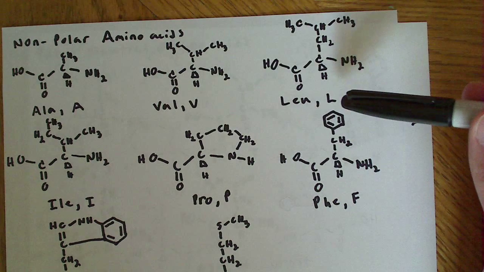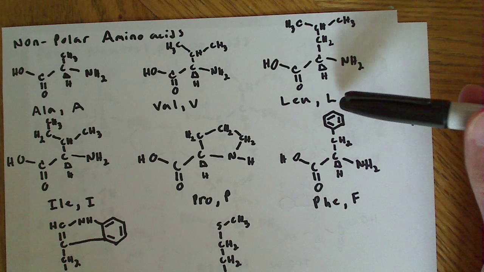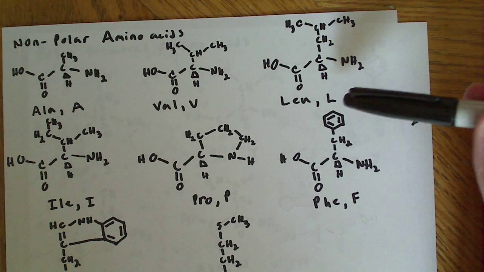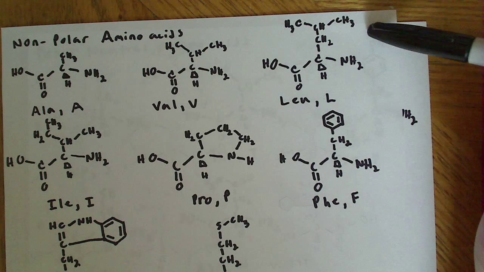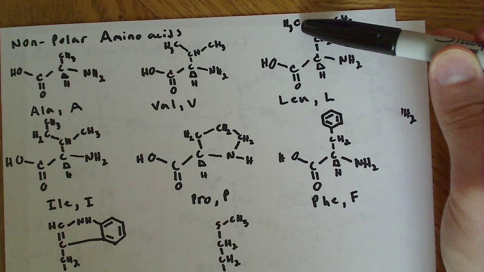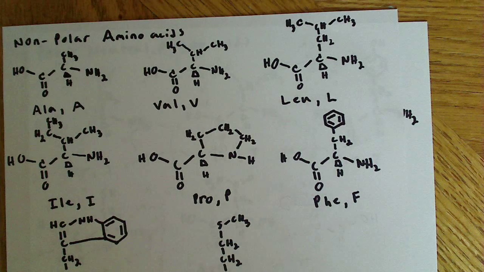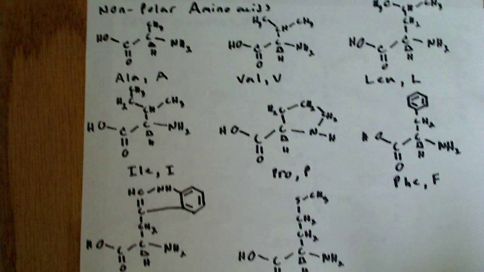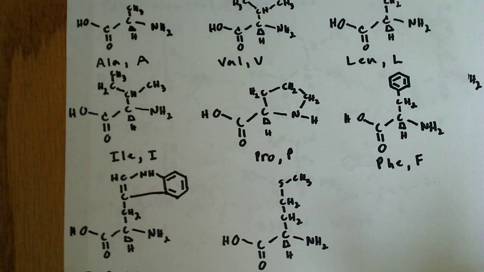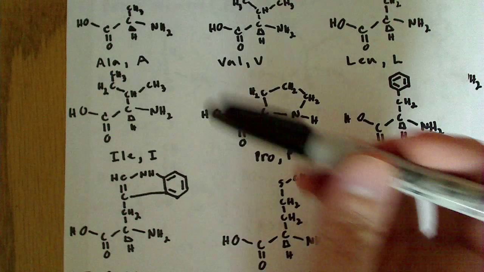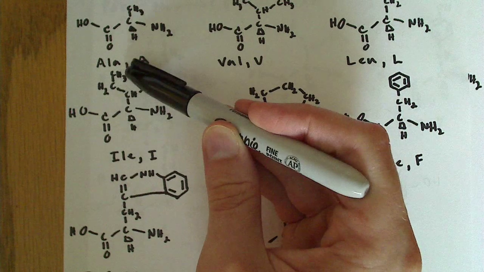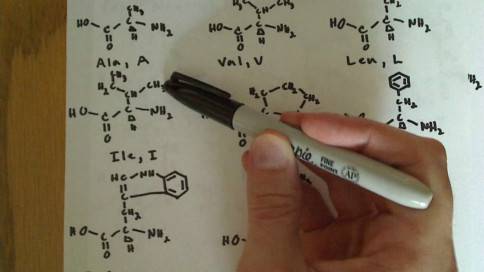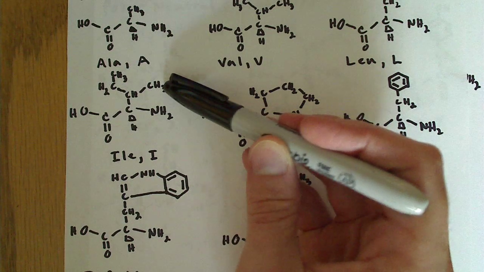The third one is leucine, LEU, and L are the abbreviations, and the side chain is CH2, CH, CH3, CH3. The next one over here is isoleucine, and that's slightly different than leucine: we have a CH, a CH2, a CH3 up here, and another CH3 attached to the original CH.